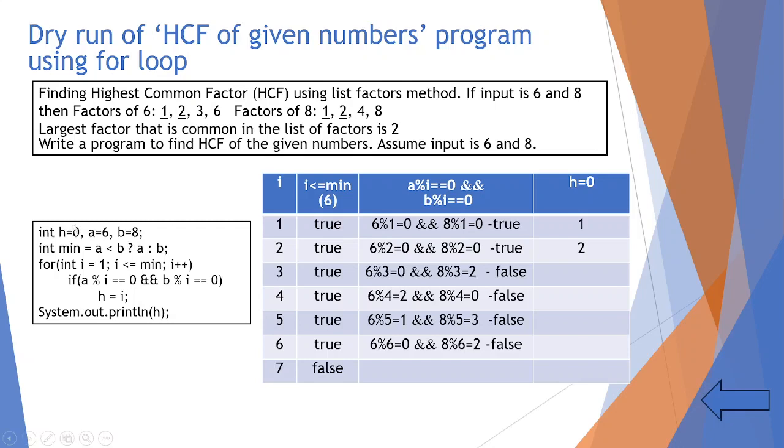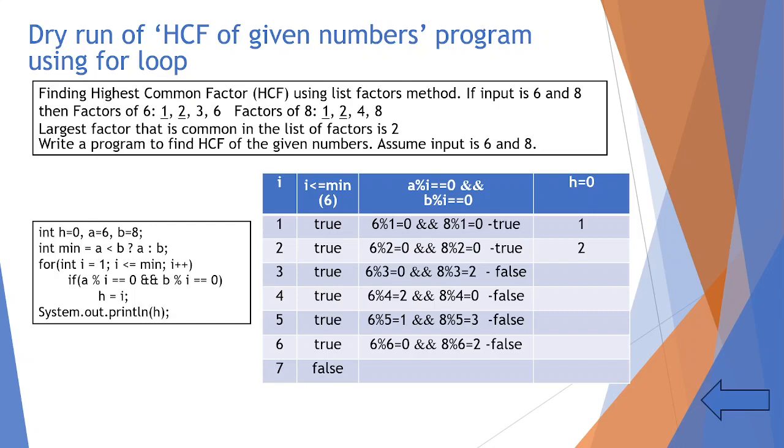So, what we do is, the highest common factor we try to store in H. And let's assume int A is 6, int B is 8. Now, we run the loop till the minimum because at the most, let's suppose the numbers are 6 and 12. The highest common factor is 6, that is the minimum number out of the two.